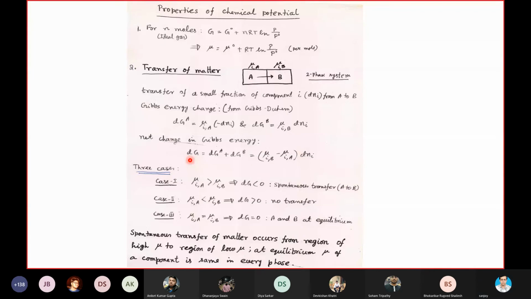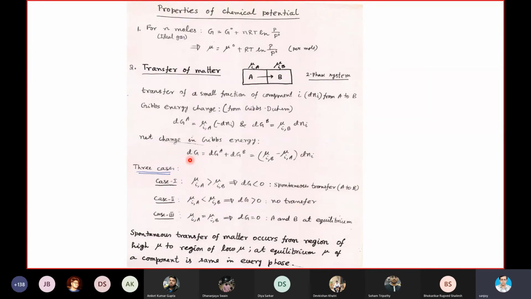That is why chemical potential is a very, very important quantity, because it is connected with the spontaneity of a reaction occurring in an open system, where there is a flow of matter. Suppose you are starting a diffusion across some kind of barrier or across a membrane, or a transfer of matter.